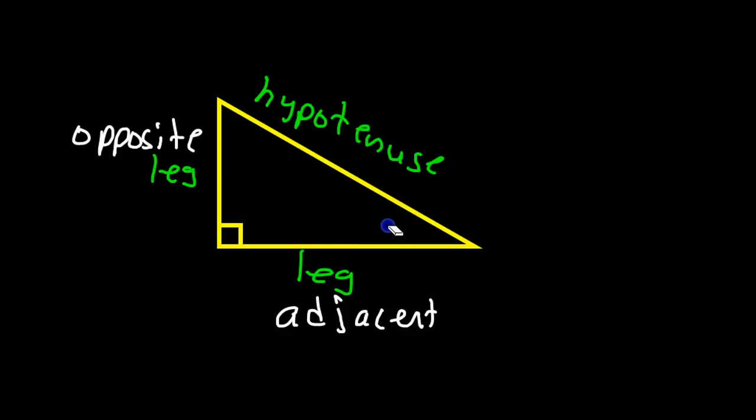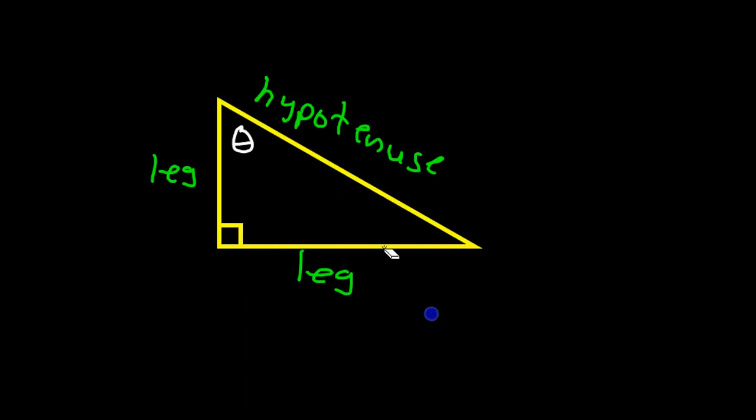Now, if I look at a different angle, the angle that's up here, from the perspective of this angle, it's backwards. Suddenly, if I'm looking at this angle, then this leg down here is the opposite leg.